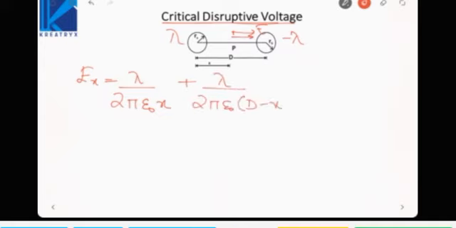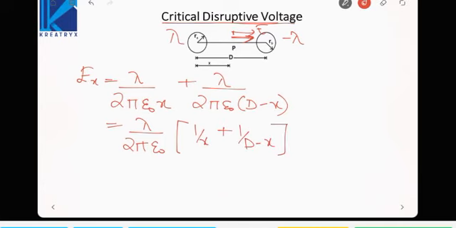Why have I added these two fields? Because they are pointing in the same direction. Due to the negative charge it is towards the charge, and due to the positive charge it is away from the charge. So this will be lambda by 2 pi epsilon naught, where lambda is the linear charge density, times (1 by x plus 1 by d minus x).